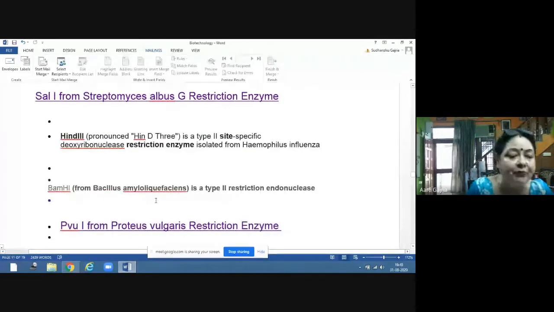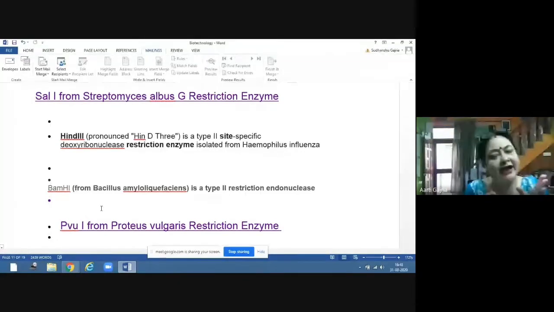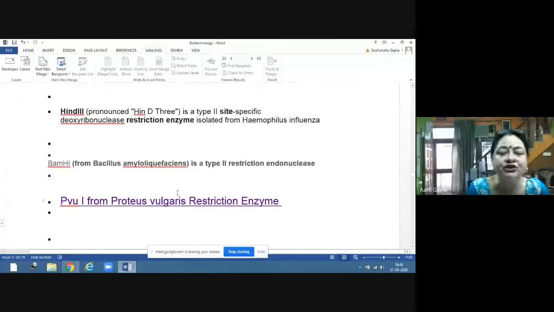Then BamHI. BamHI is from Bacillus amyloliquefaciens. Now in BamHI, B is for the Bacillus and am is for the amyloliquefaciens. This is the name of the bacteria, H is the strain, and 1 is the discovery number from that bacteria. Now PvuI. Pvu is Proteus vulgaris.